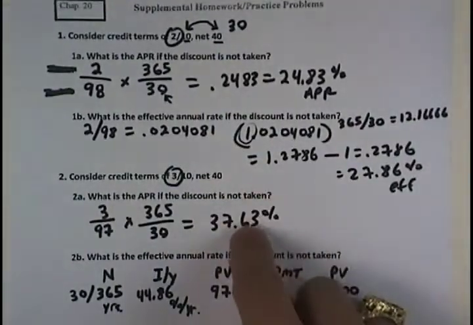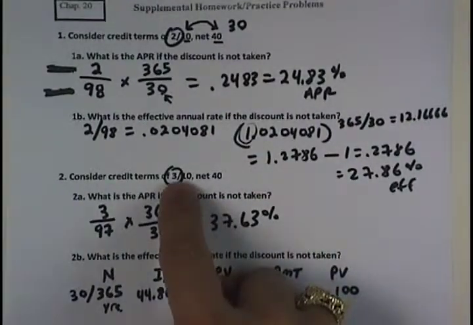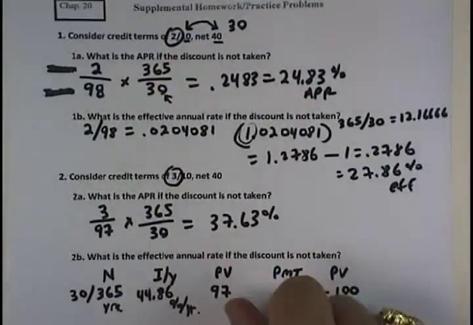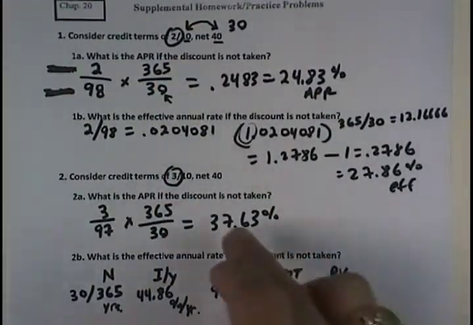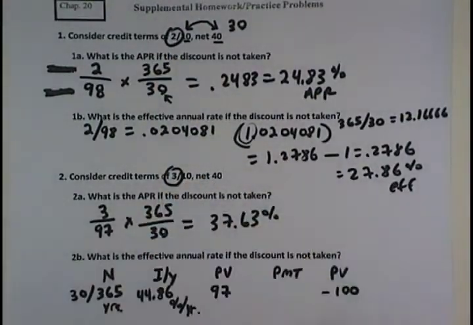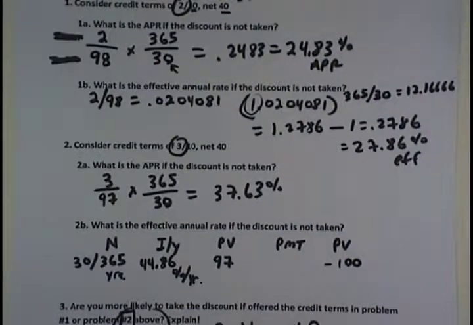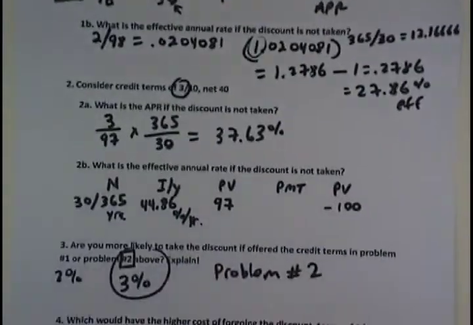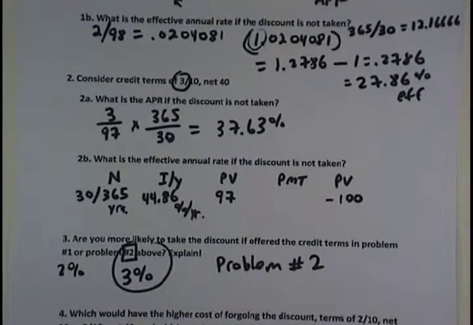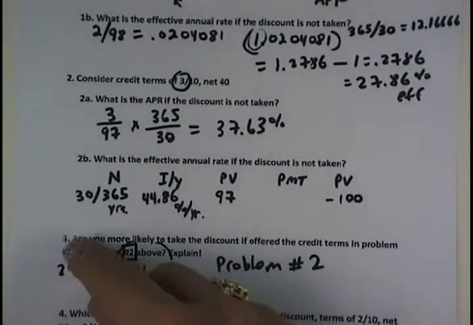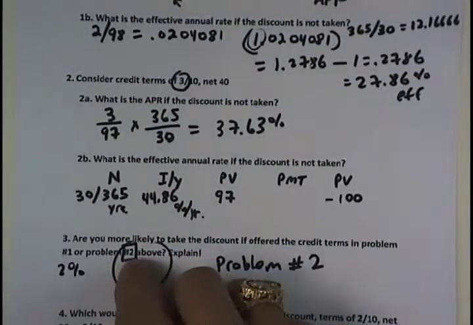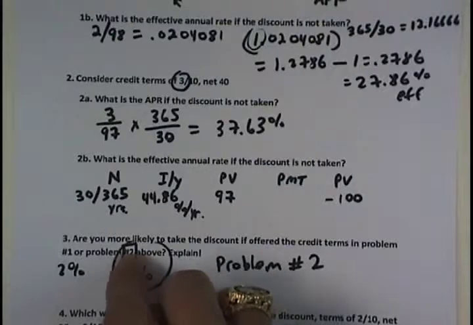So it's certainly more costly to give up a 3% discount than it is to give up a 2% discount. It's pretty costly either way, but certainly more costly if the discount is 3%. So if something makes me more likely to take the discount, I'm going to incur a higher cost if I don't. So the answer was that I'm more likely to take the discount in problem number 2 because it's a higher discount I would give up, or I'm incurring a higher cost if I don't take it.